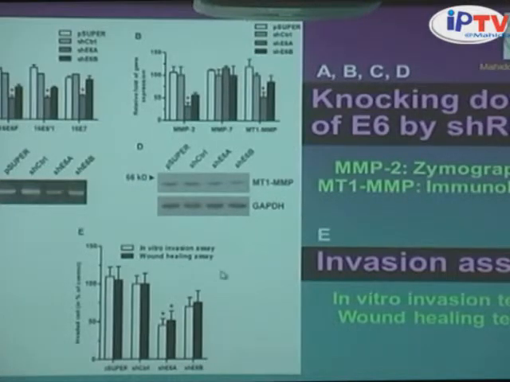And also, these correlate well with the invasion test: after knocking down E6 with shRNA, the invasion ability drops. So now we are quite sure that E6 star and E6 full length and also E7 in combination form play an important role in upregulating these two enzymes and are also responsible for cell invasion.